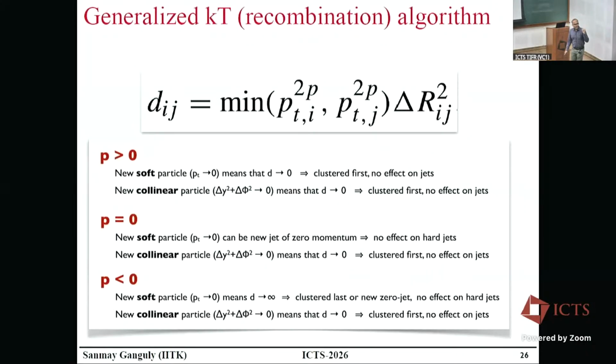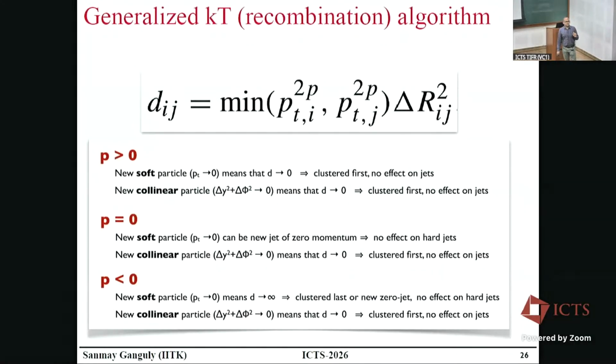So now you go back to the definition of IRC safety, which said if you have n particles and you add an n+1th, which is very soft or collinear, the original properties of the set won't change. So that gets satisfied for p equal to 0. Given the distance parameter, we can again repeat the same exercise.